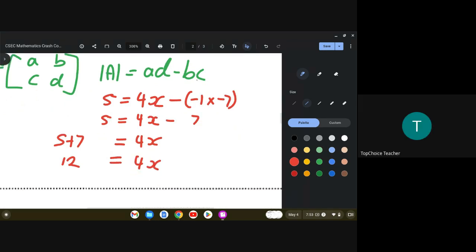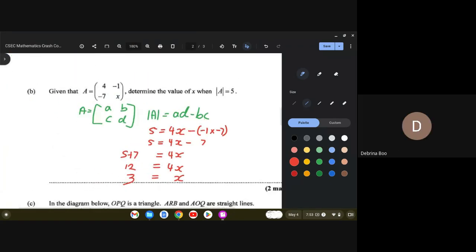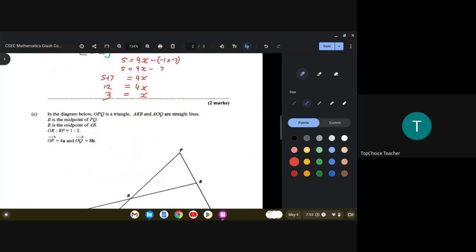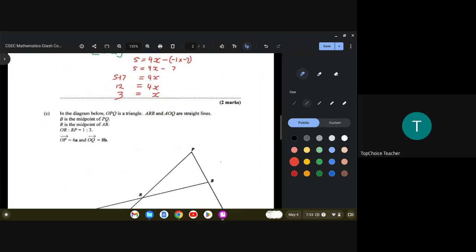So what would x be? x would be equal to 12 divided by 4, which is 3. You could write it out, but for the interest of time, I'm just going to put the answer. Because we know 12 divided by 4 would be 3. So that is B.